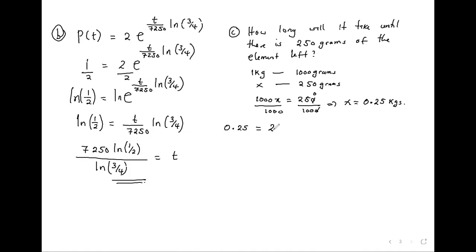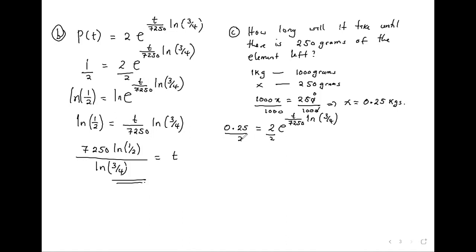So you're now saying, I'm given that I have 0.25 kgs, and the initial is still 2. And again, I'm looking for the time when that can happen. So this is 7250 ln 3/4. Again, we divide by 2.